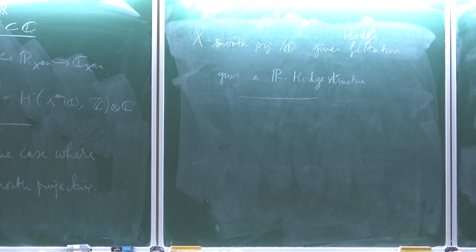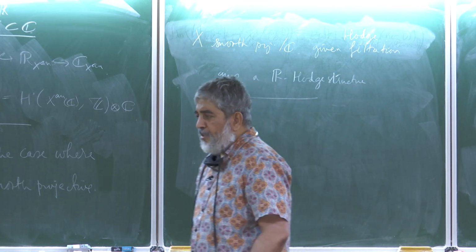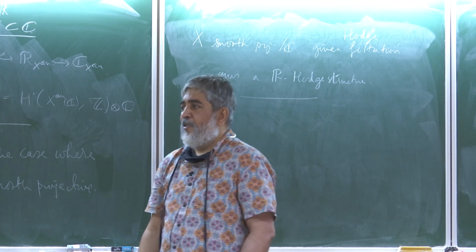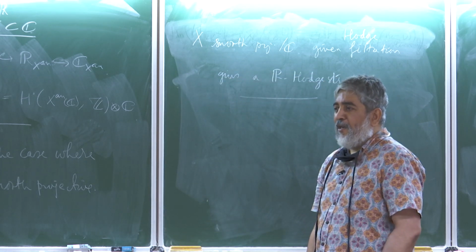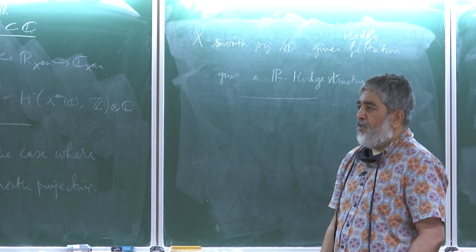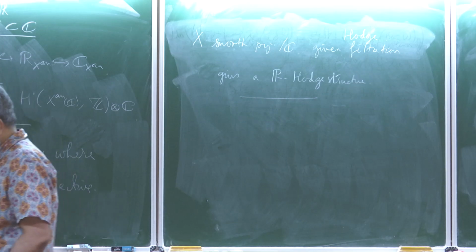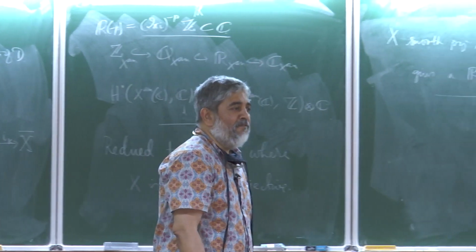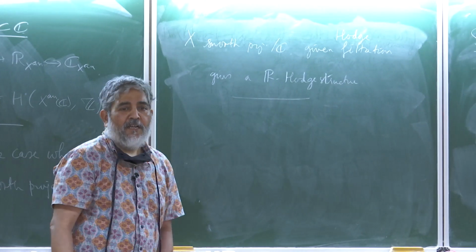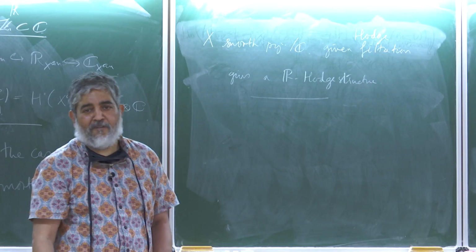Deligne doesn't give too much detail in his paper about this, but it is generally covered in many places for smooth projective varieties. There are two parts to the proof of this. One part is the algebraic identities involving these differential operators, the Laplacian with del bar and the Laplacian with d and so on.